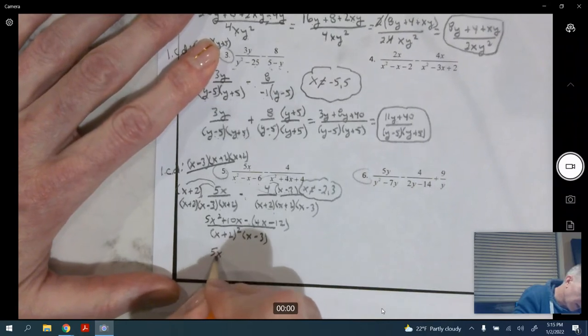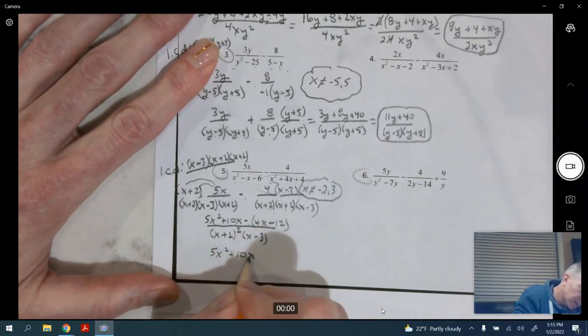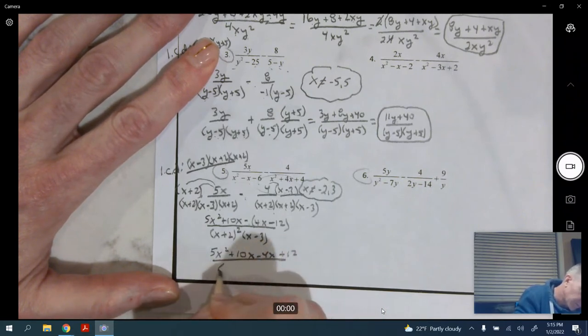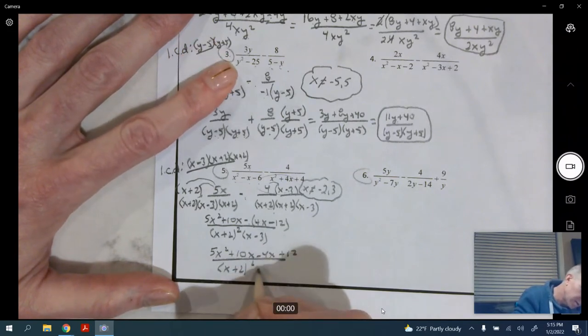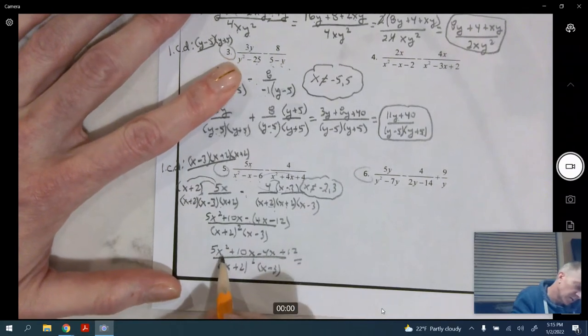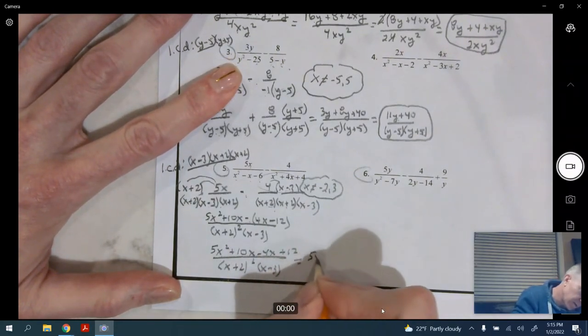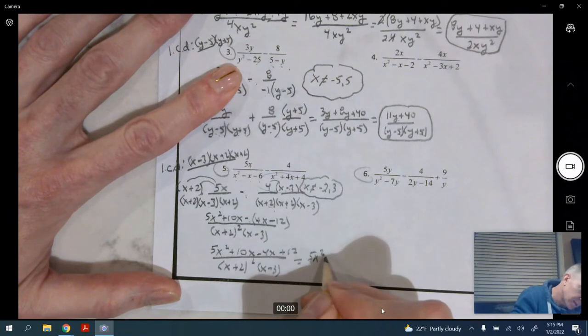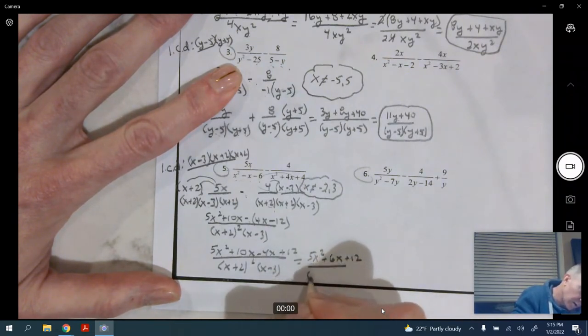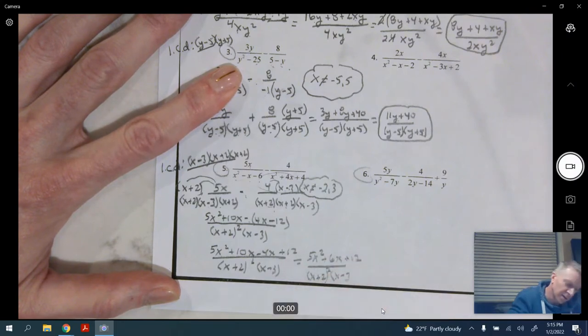So we've got 5x squared plus 10x minus 4x plus 12 over x plus 2 squared times x minus 3. And simplify, we're going to get 5x squared plus 6x plus 12 over x plus 2 squared times x minus 3.